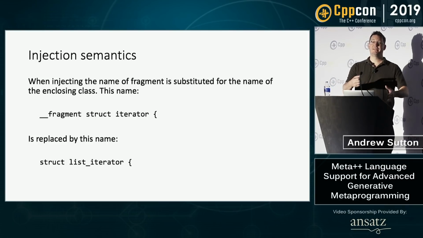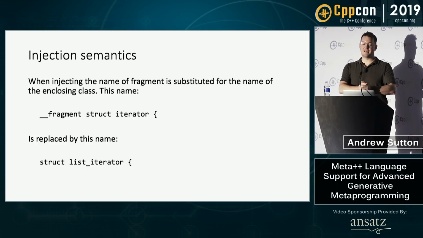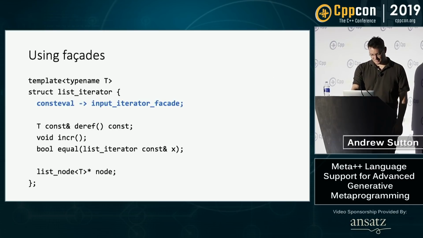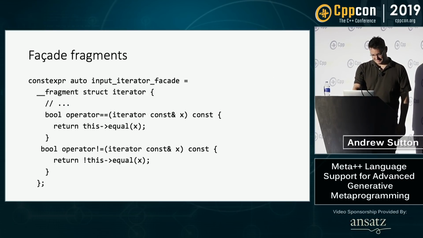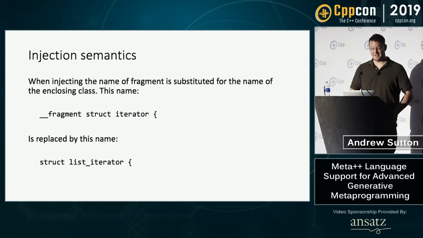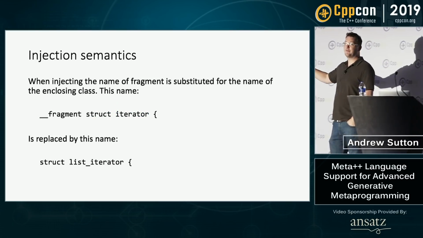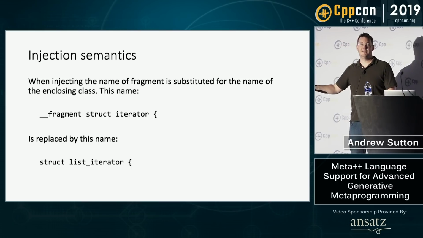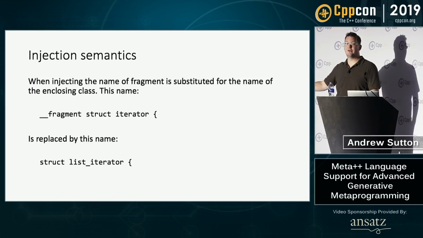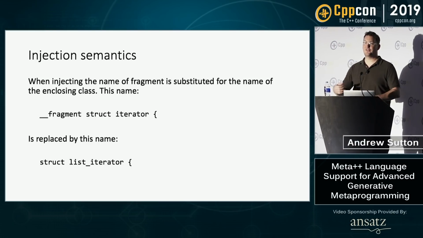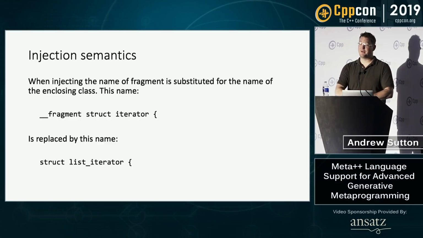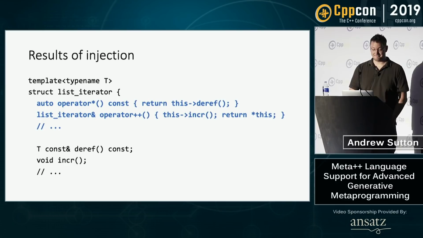So anything that was iterator facade, did I name that correctly? Yeah, sure. That's fine. Okay. I'm not insane. So anywhere we use the name iterator to refer to the type inside of that fragment will be replaced by list iterator in the enclosing class. And of course, anything that was associated through that dependent type will also be instantiated in kind of the same way, just like a template.